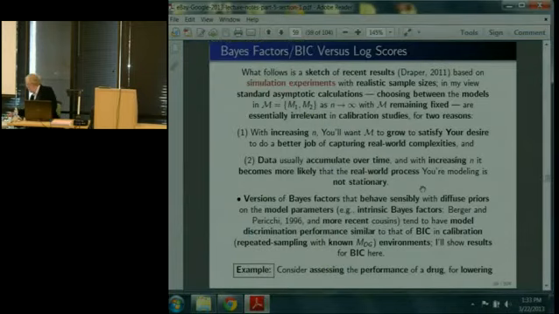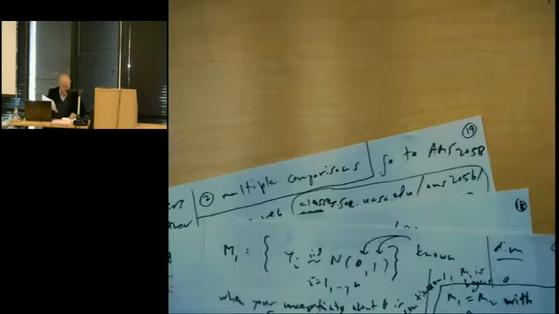I was in the process of describing to you various comparisons between different methods for model comparison, so comparison of comparisons. And we were talking about this business of consistency, whether it actually matters or not.